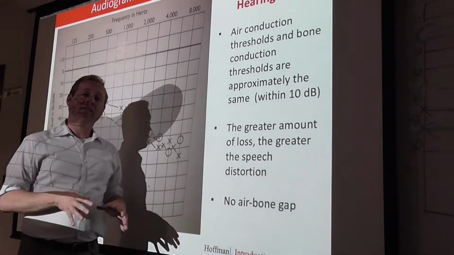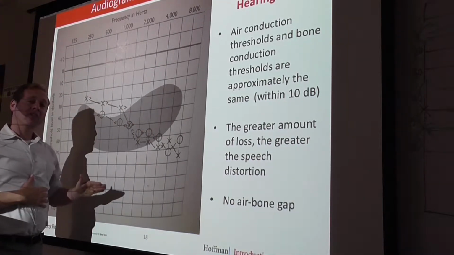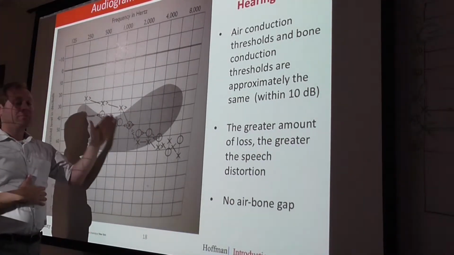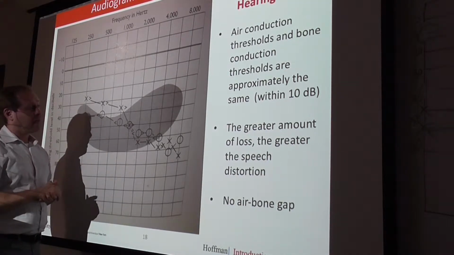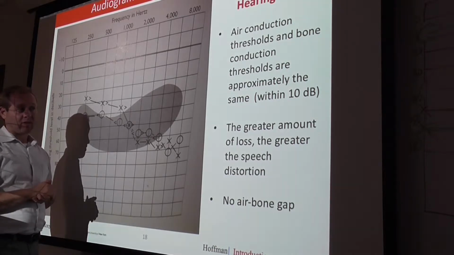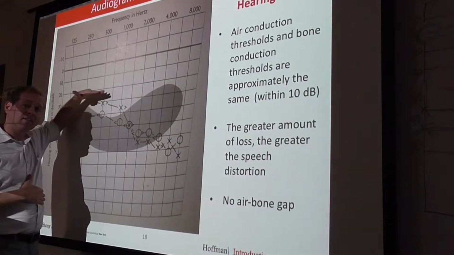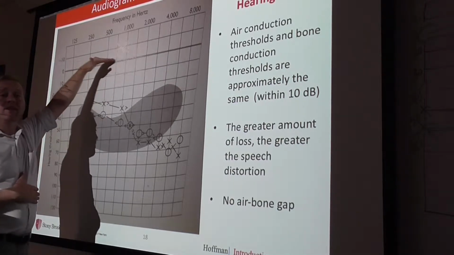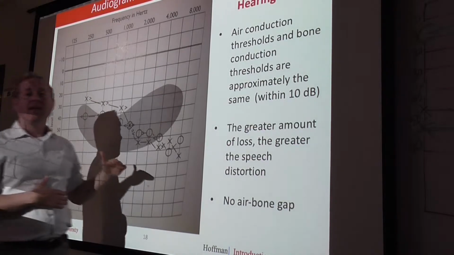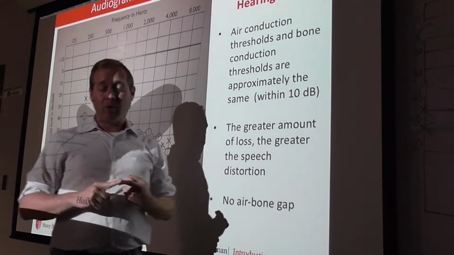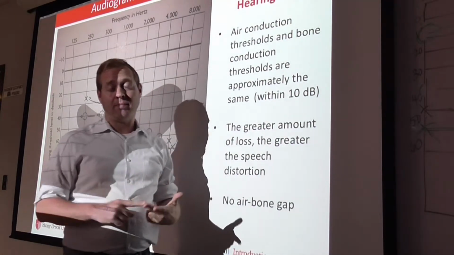Sensory neural loss on an audiogram is demonstrated by air conduction thresholds and bone conduction thresholds matching. Okay? They are the same, they're symmetrical. Okay? There's no air bone gap, so there's no conductive loss. Okay? And we're not in the normal range, so there's a loss, and that loss is demonstrated by matching bone conduction and air conduction, so it's sensory neural in type.